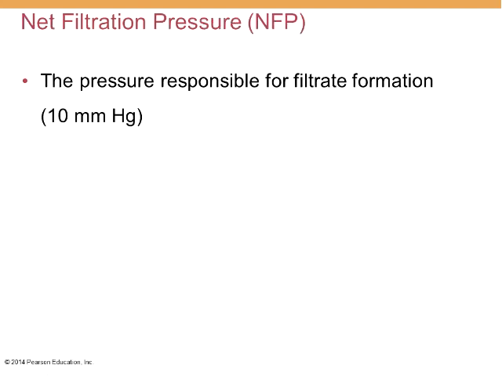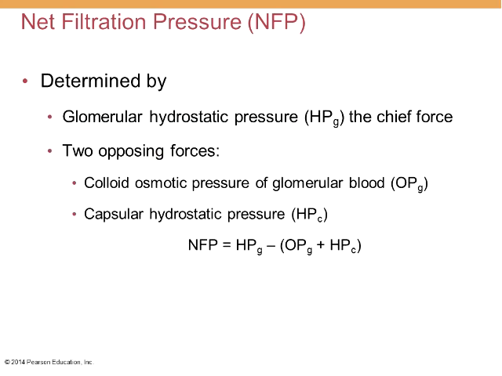We get down to the peritubular capillary process and the vasa recta. The net filtration pressure is the pressure responsible for filtrate formation. It's about 10 millimeters of mercury difference in that area. The net filtration rate is determined by the glomerular hydrostatic pressure, the chief force, and the 2 opposing forces: the colloidal osmotic pressure of the glomerular blood and the capsular hydrostatic pressure.